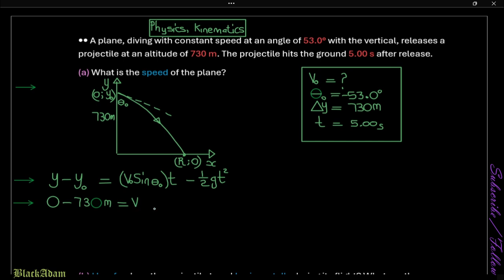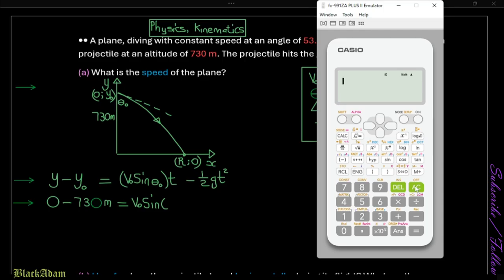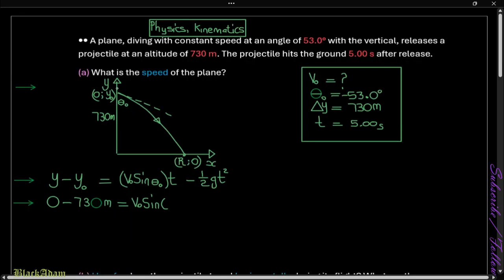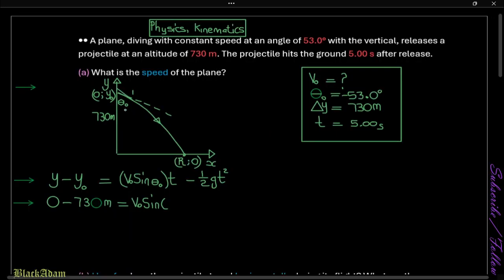Our theta we have to calculate: 90 minus 53 is 37. So it's going down, 37 degrees down.